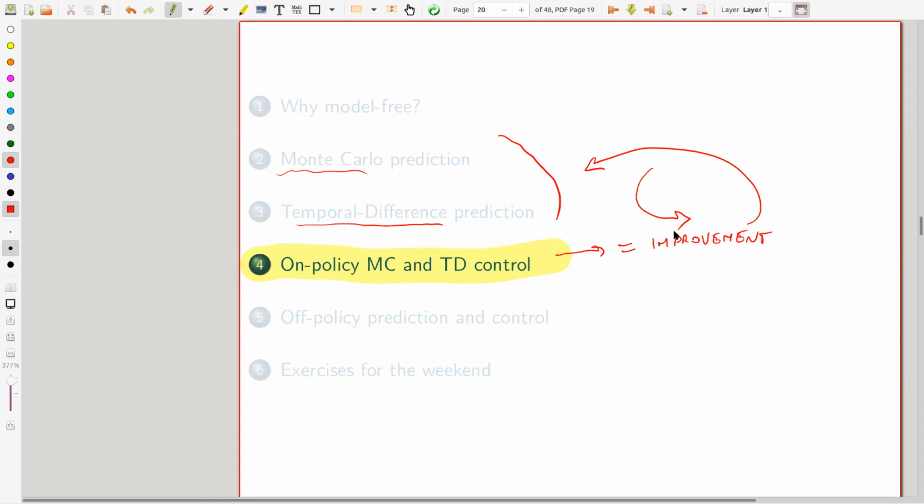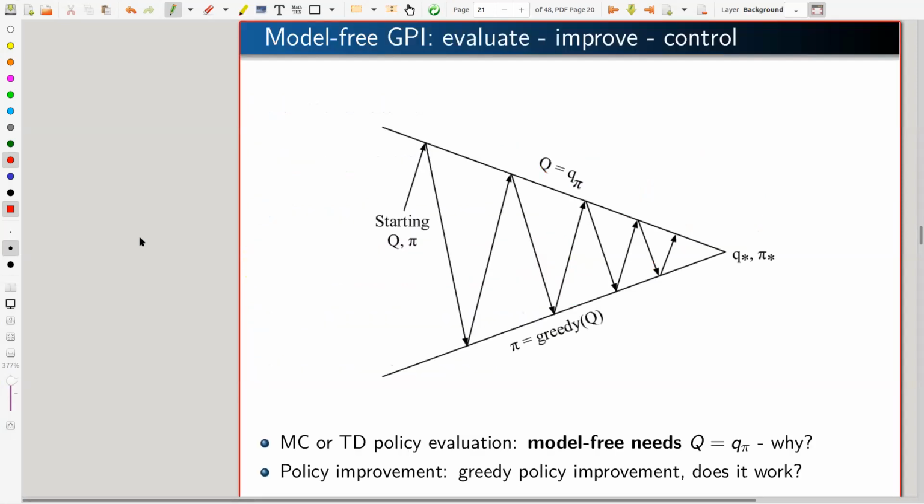Okay, so let's start with the control cycle. This is a very classical picture in reinforcement learning. I guess it comes from David Silver's slides from 2015. I'm not sure, but everybody is using this, so I'm showing this to you so you can understand what this means.